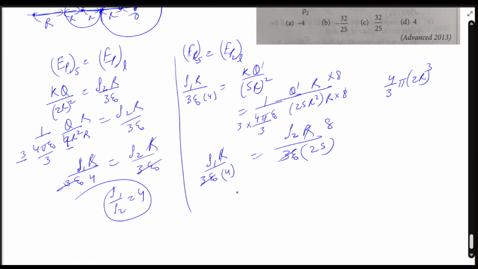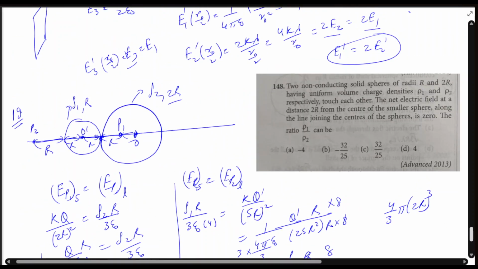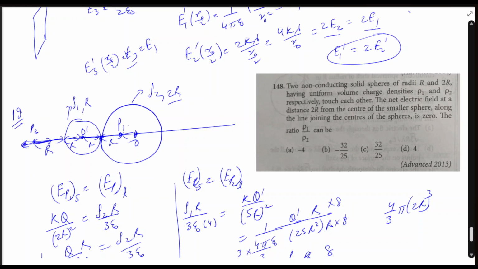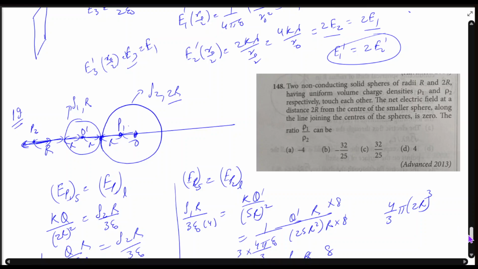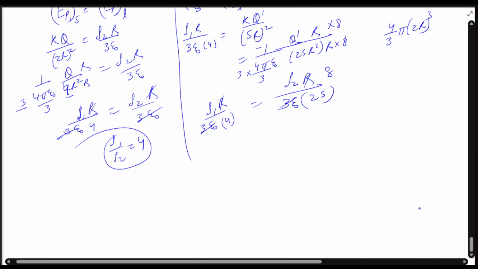3 epsilon naught cancel. Now look, if this is positive, it will be repelling this point. So it must be attractive, then only it will work. Yes. So this charge must be negative.